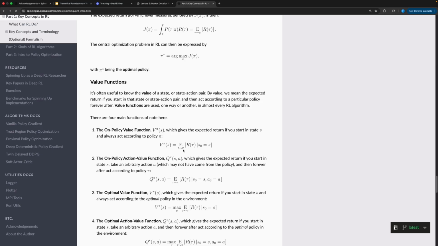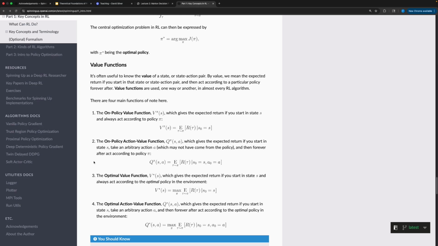Now in that new state you again take a new action based on your policy and keep continuing to do so. If you collect all those rewards and the return, and take the expectation of that return, it is what is called the value function. That's the value of your value function for that state for that policy.